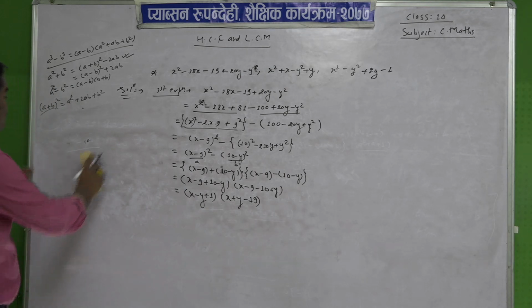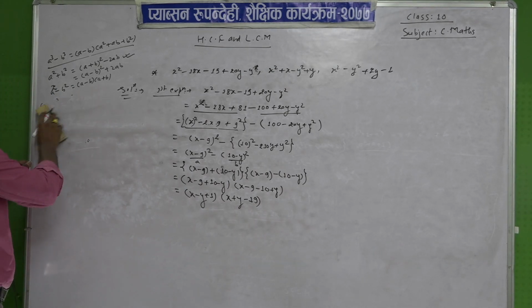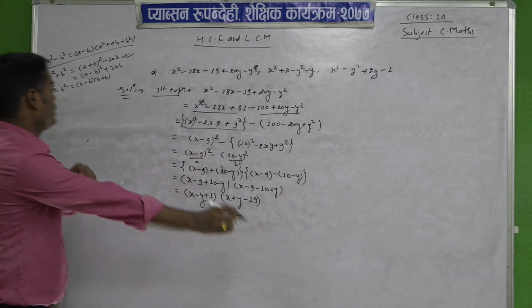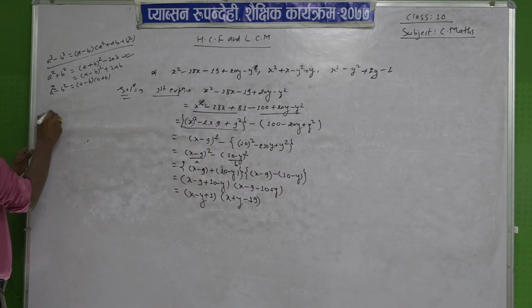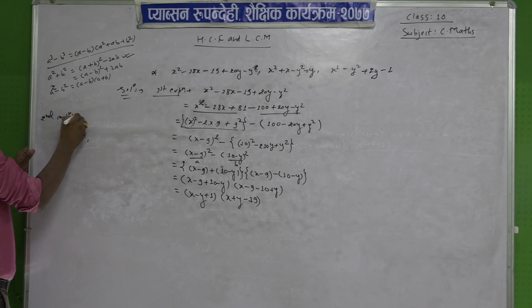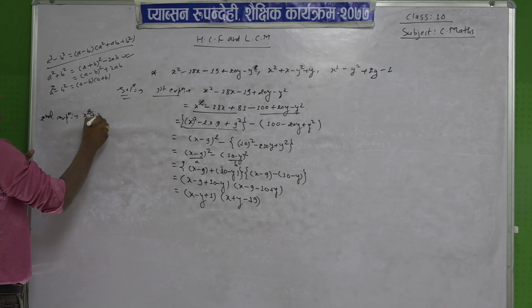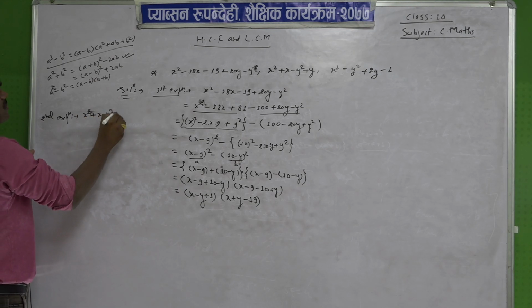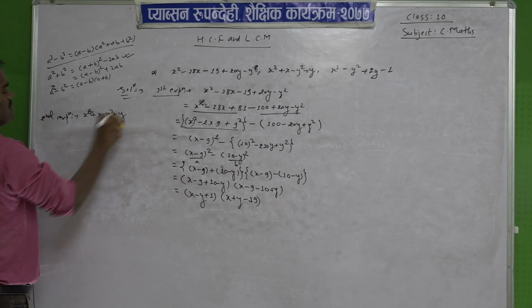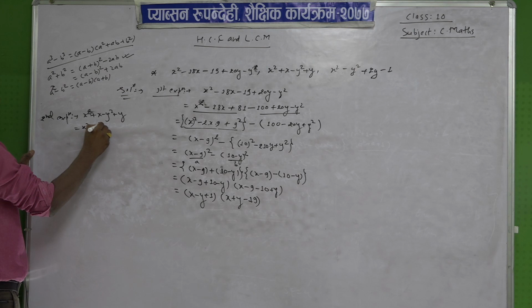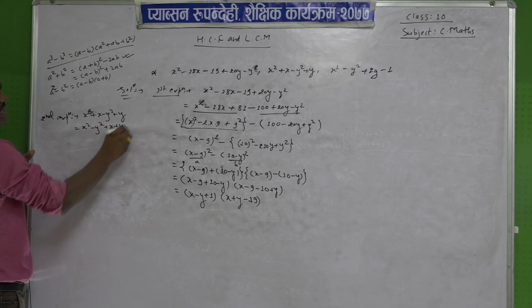Now the second expression. What is here in the second expression? You are watching here, the second expression is x square, then plus x minus y plus y. Now first arrange. So you can write here x square minus y square plus x plus y like this.